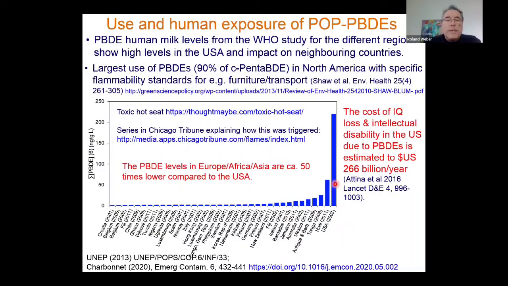The good news is that the PBDE levels in Europe, Africa, Asia, and certainly also the Middle East are about 50 times lower. So most countries which are not affected by the penta-BDE use in the US have much lower PBDE content in blood and human milk.